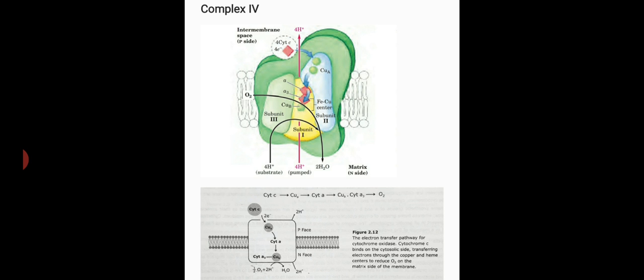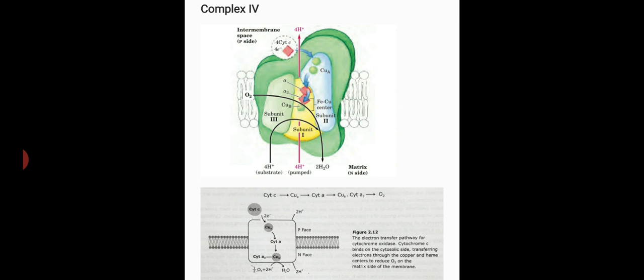Cytochrome C transports electrons one at a time to complex 4. Within this complex, electrons are transferred first to the copper A center, then to cytochrome A, next to the copper B center and cytochrome A3, and finally to oxygen, the ultimate electron acceptor, forming a water molecule.